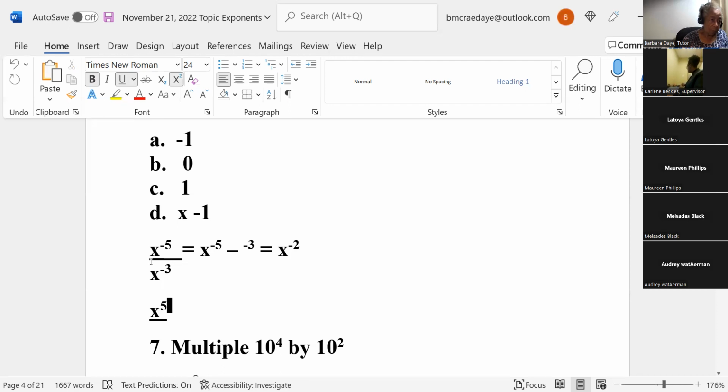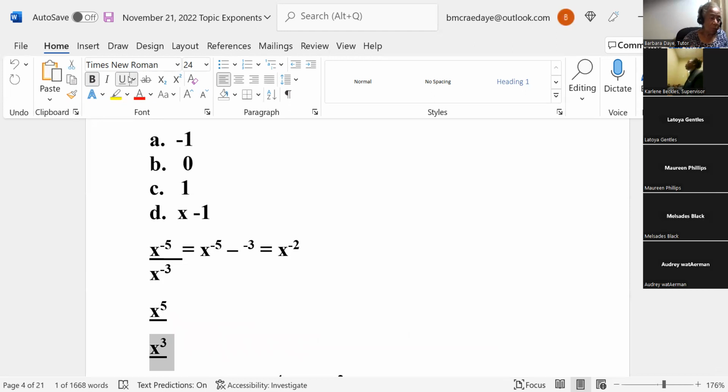X to the 5th power divided by x to the 3rd power. Okay, what is that equal to, Mercedes?